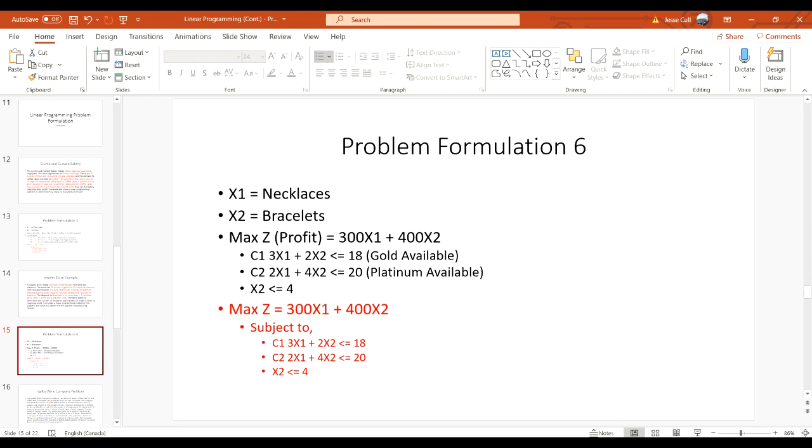Collecting all of the information together, we get this final representation of the problem stated in equation format. Correctly modeled problem formulation. Hopefully everybody was able to achieve that.